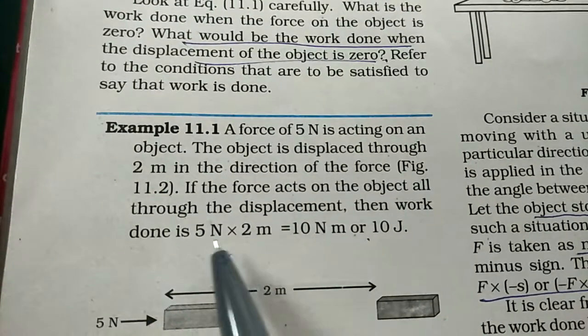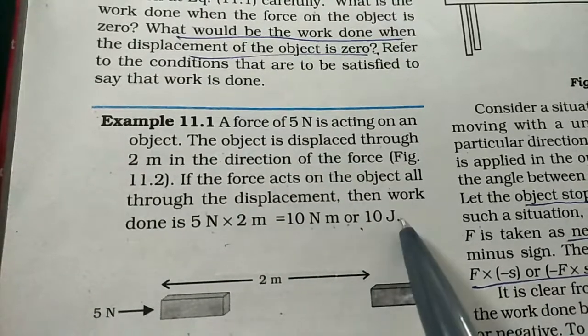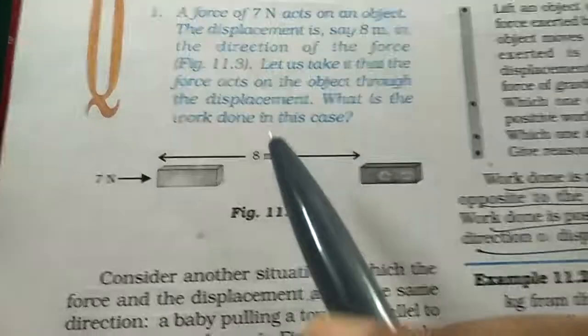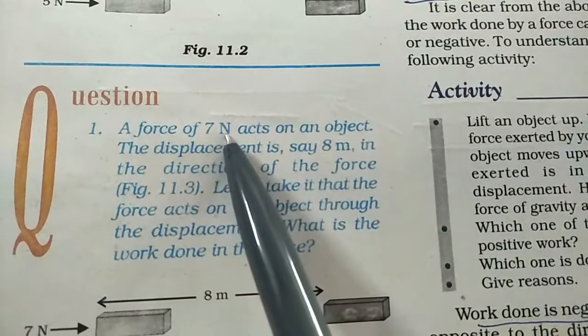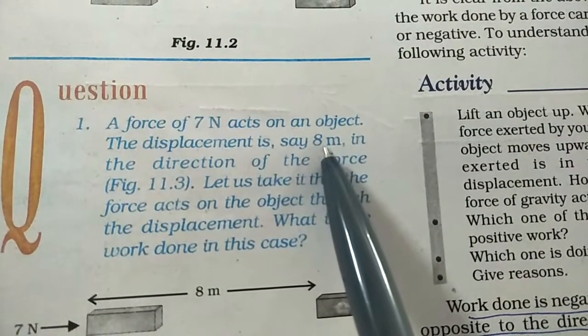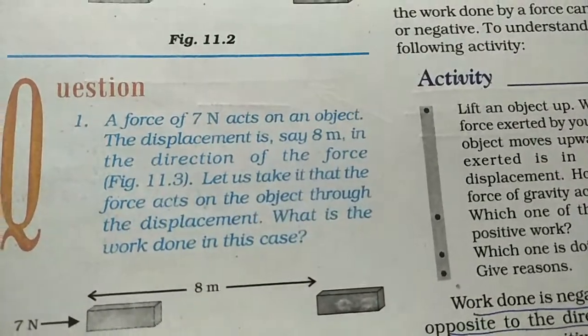So what is the work done? 5 Newton into 2 meters, you will get 10 Newton meter, that is 10 joules. Now there is one question here. If you have 7 Newton and 8 meter displacement, then 7 multiplied by 8 is 56, so 56 joules will be the work done.